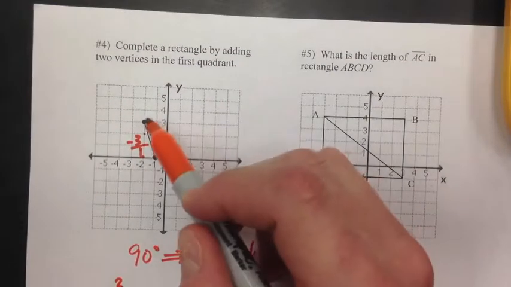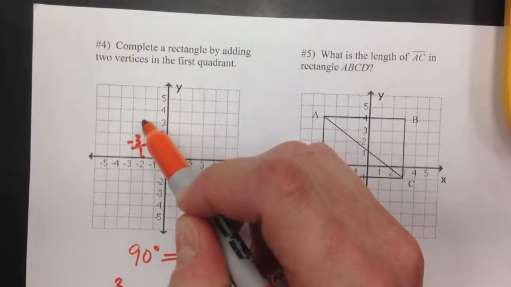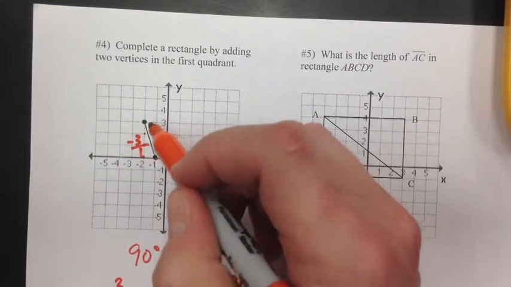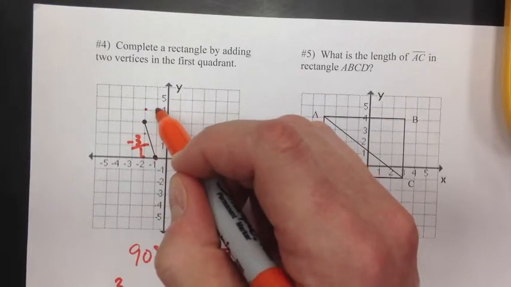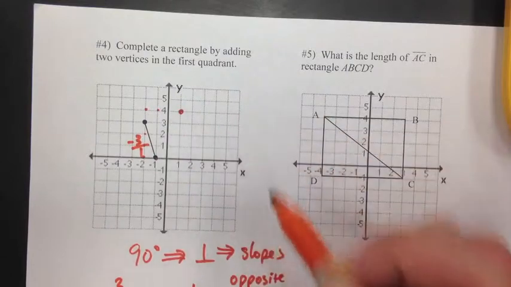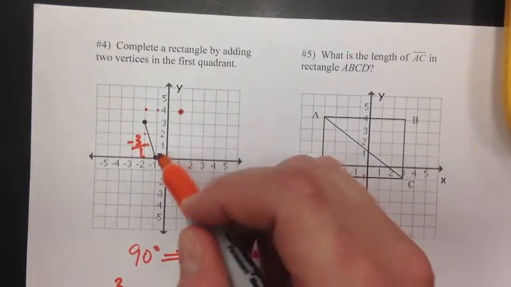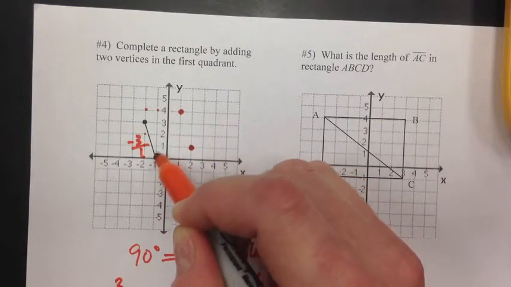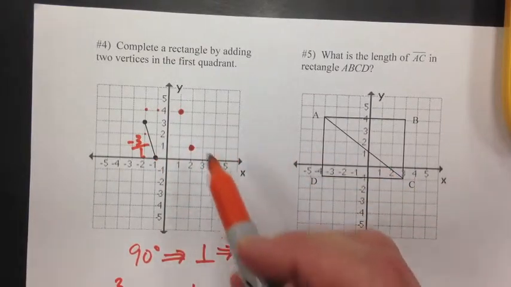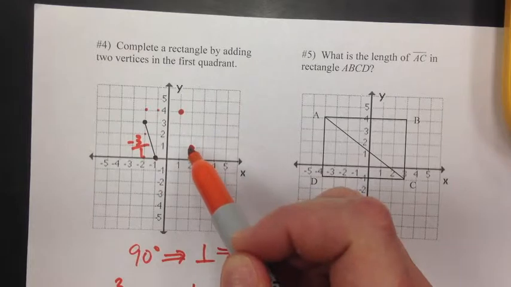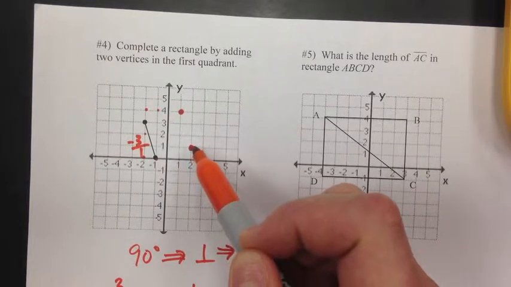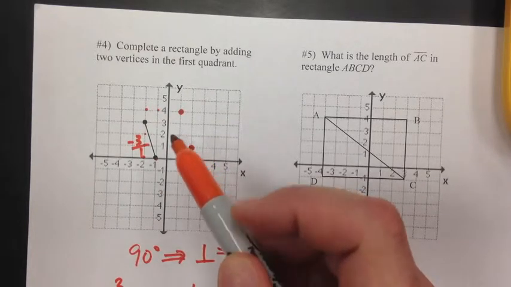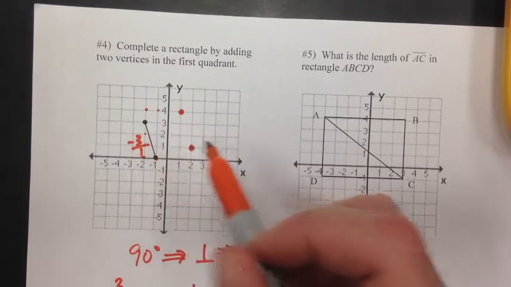So what I can do here is I'm going to take this point, I'm going to count 1 over 3. I'm going to rise 1, run 3. I could put a point there. And then rise 1, run 3, and I'd put a point there. Now here's the thing. If I draw it like this, it's going to give me a square, which is still a rectangle, but let me make it just a rectangle.